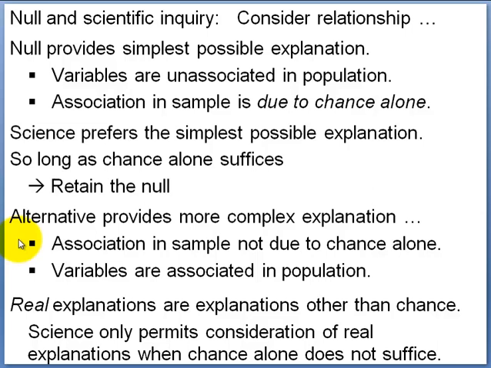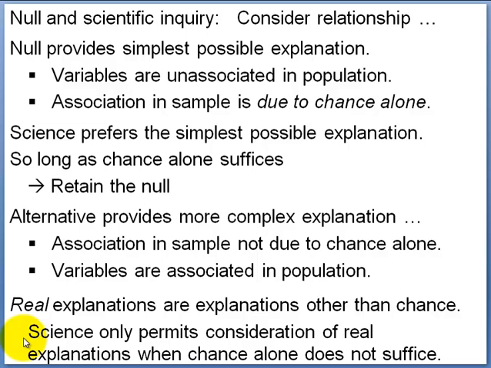It asserts that the relationship more fundamentally occurs because the variables are indeed associated in the population. So the null is asserting the simpler explanation, the alternative, the more complex one. Science will accept the more complex one only when the simpler one doesn't suffice.